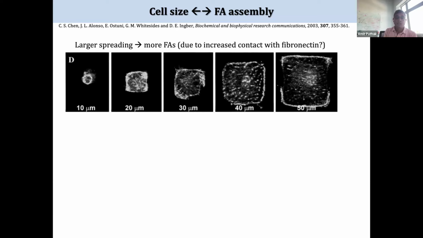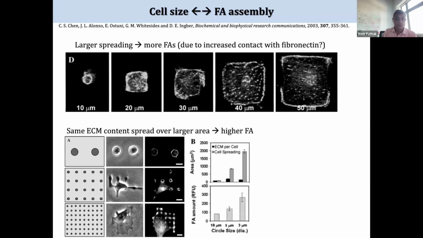So the question is, does larger spreading lead to more focal adhesions, or is it just because there are more ligands, because it's a bigger pattern, more ECM? To answer that question, there's something clever that was done. Take the same amount of protein, let's say in panel A here, and distribute it over a bigger area by making these little tiny dots.